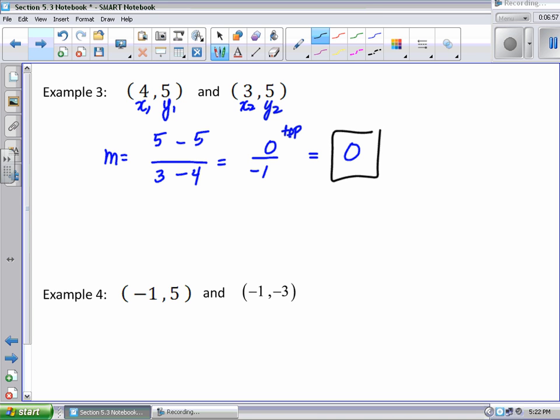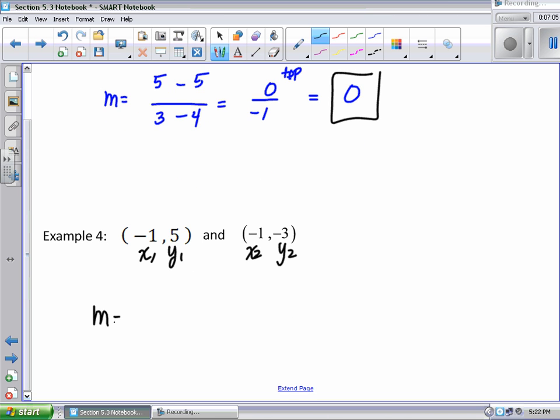In example 4, again, I'm going to label those points. If I do my slope formula, M, minus on top, minus on bottom, Y2 is negative 3, Y1 is 5. X2 is negative 1, X1 is negative 1.